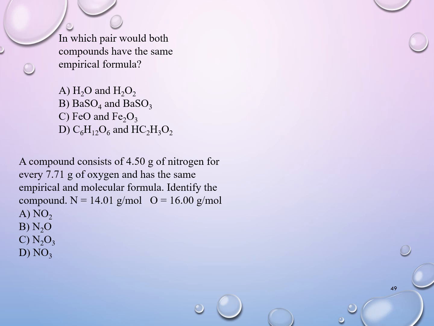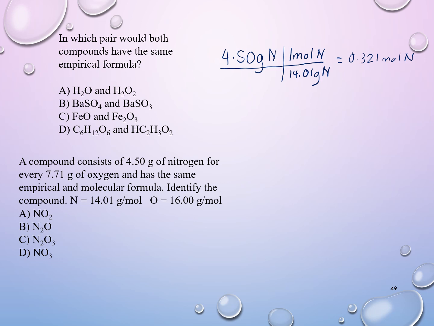So what we want to do is take 4.50 grams of nitrogen, and we'll turn it to moles, where 1 mole of nitrogen is going to be 14.01 grams. This will give us moles of nitrogen, and I'm going to get 0.321 moles of N. We'll do the same for oxygen.